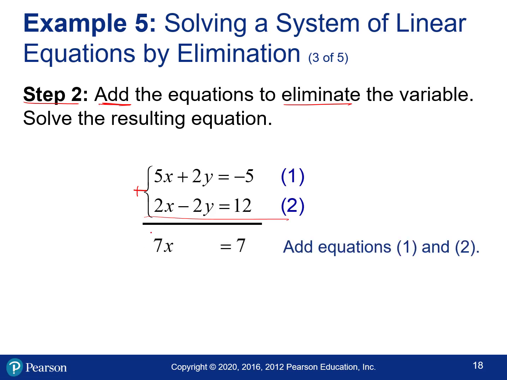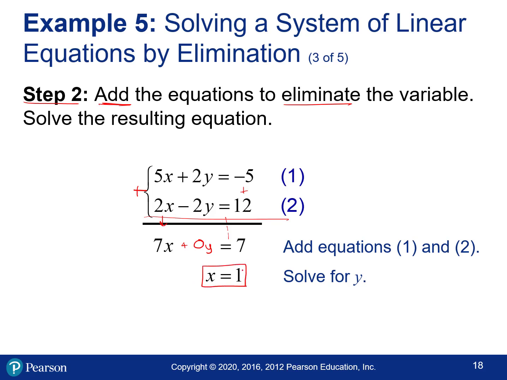For us, we're going to be eliminating y, because when you add 2y minus 2y, you get 0y, so we don't even need to write that. And we have 5x plus 2x equals 7x from here. Then bring down your equal sign. And then negative 5 plus 12 is 7. Look at that nice equation. You can just solve for x really quickly.